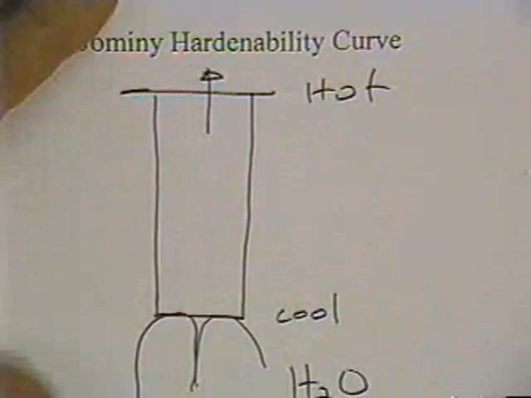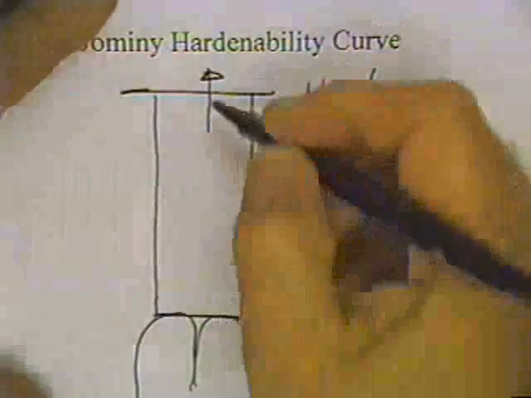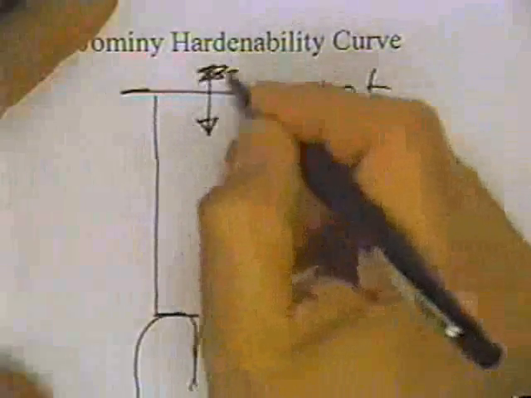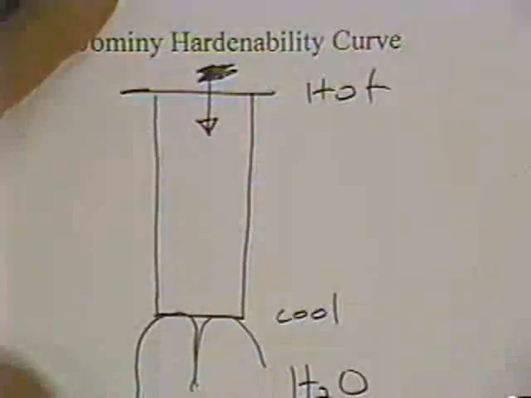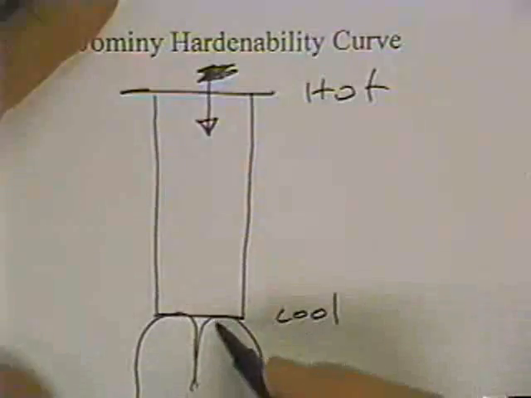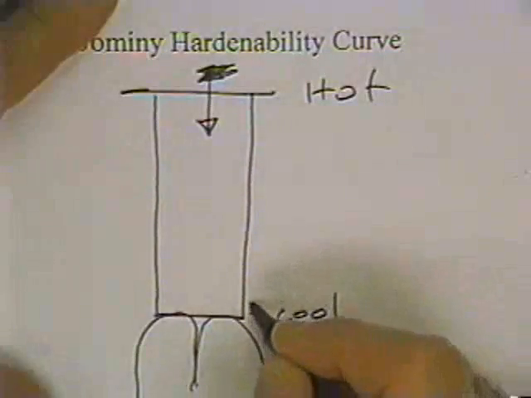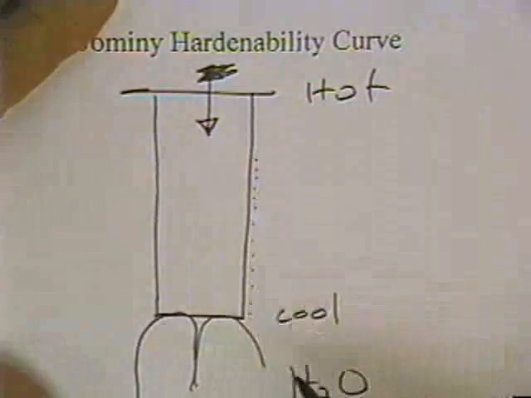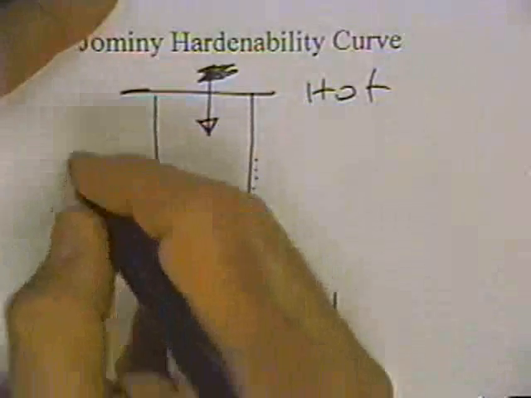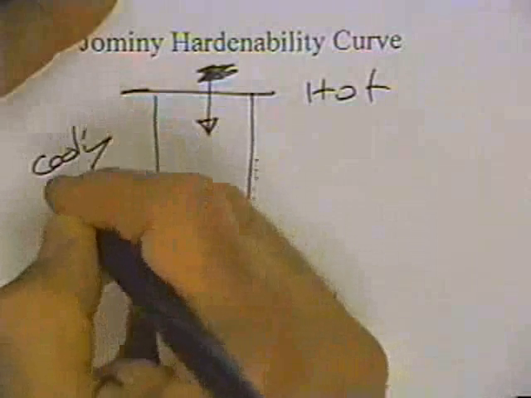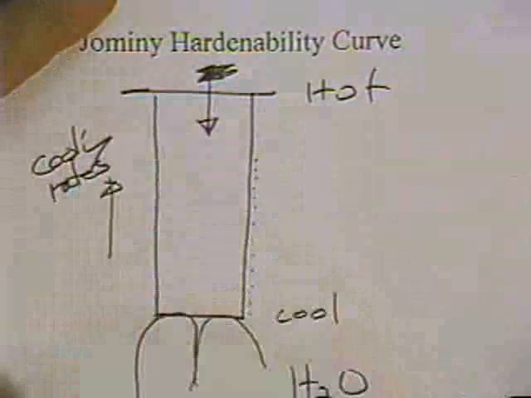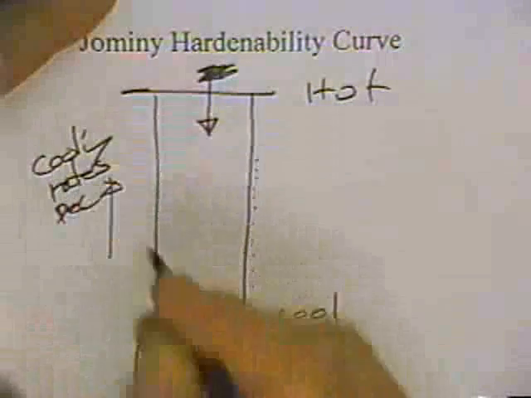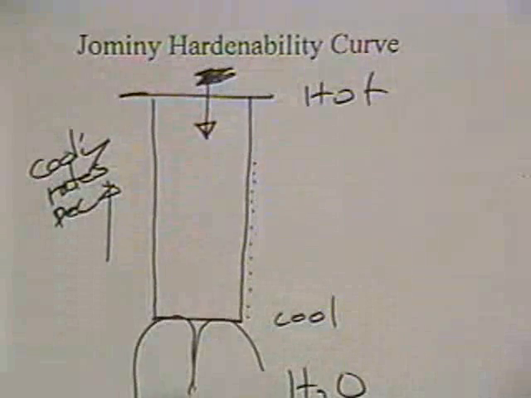The heat, I've got the arrow going the wrong way. The heat is drawn out of the material, and the Jominy curve measures the hardness as you go back from that water-cooled end. So the cooling rates decrease as you go away from the water-cooled end.